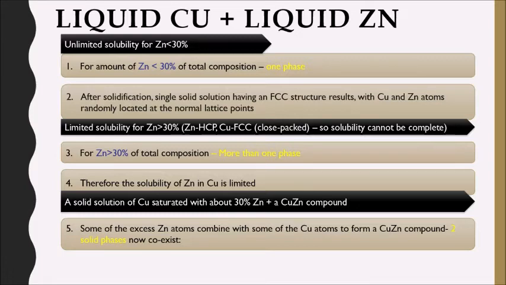For zinc more than 30% of total composition, it will become more than one phase. Therefore, the solubility of zinc in copper is limited. A solid solution of copper saturated with about 30% zinc and a CuZn compound. Some of the excess zinc atoms combine with some of the copper atoms to form the CuZn compound, so two phases now coexist.